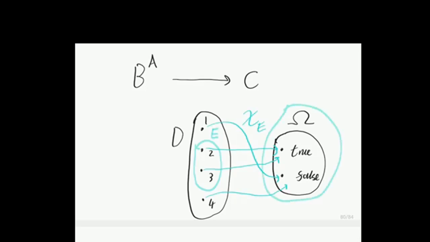And in set theory, if we want to talk about a subset, for example, this subset E of D here, we can say that it corresponds to this so-called indicator function, chi of E. This sends the elements of E to true and the elements outside of E to false. And in such a way, this function corresponds to this subset here.